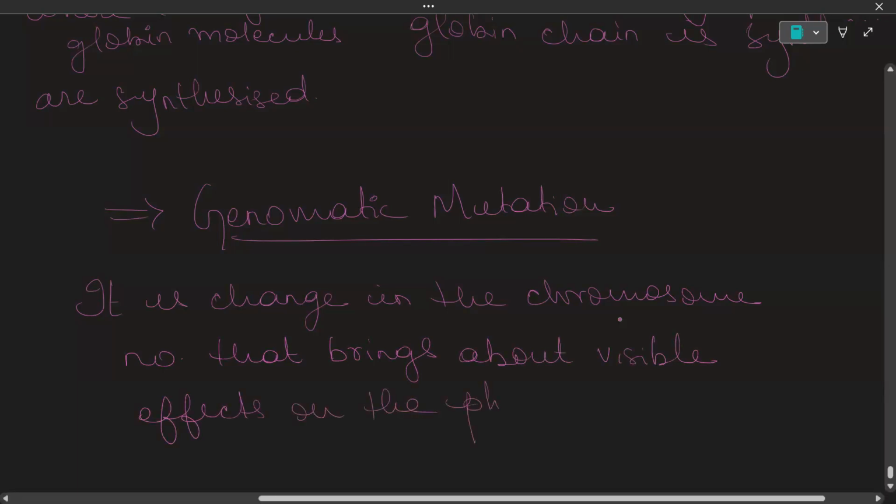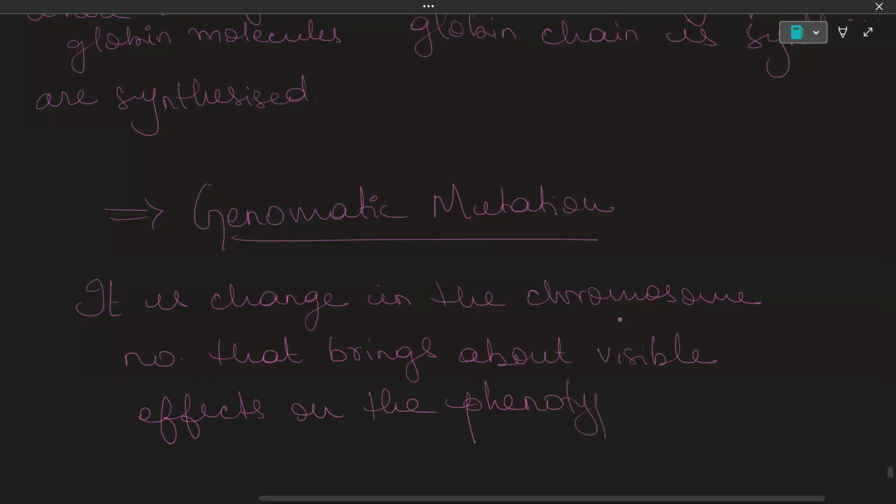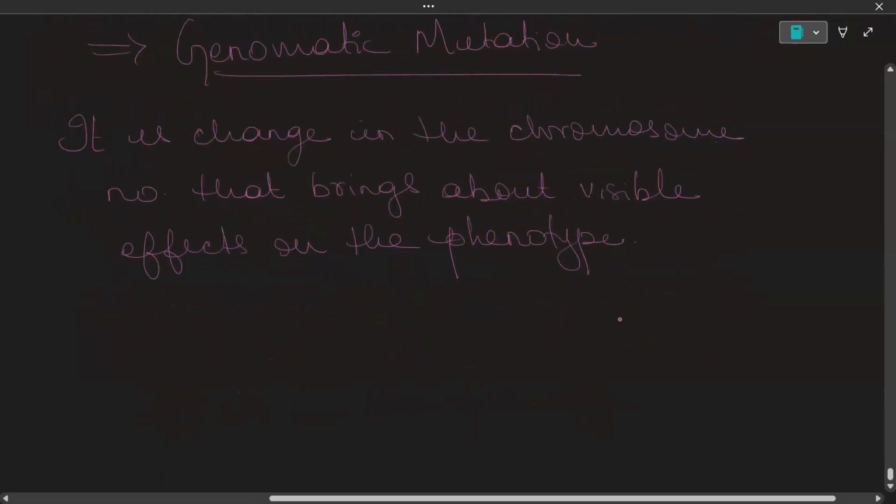Because of these, the number of chromosomes present in any human can actually bring about many effects on the phenotype of the organism. Got it?